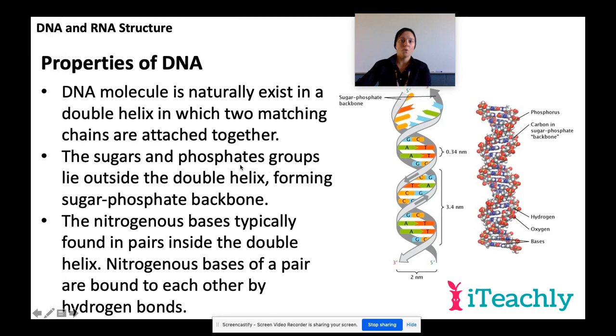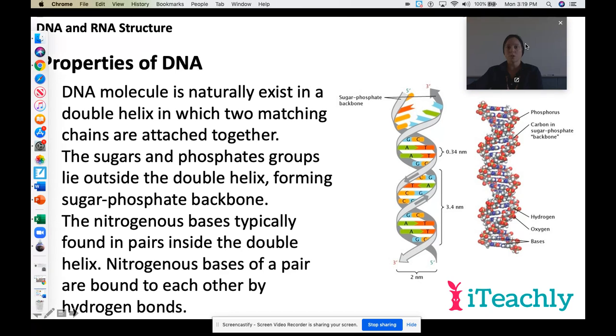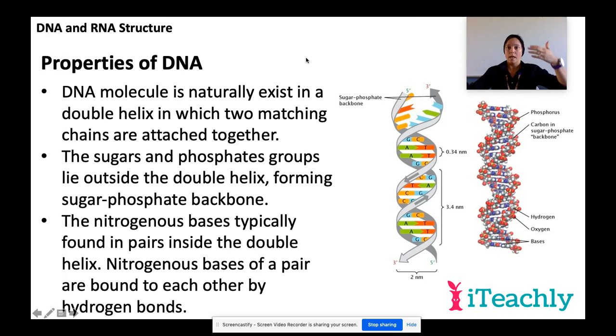Okay, so when we're looking at this DNA strand and those 2 strands start to form and bond together, they're going to naturally twist and create this double helix structure. Because of the bonds and the orientation of the bonds, they're not going to want to stay straight. They're going to start curving and bending.